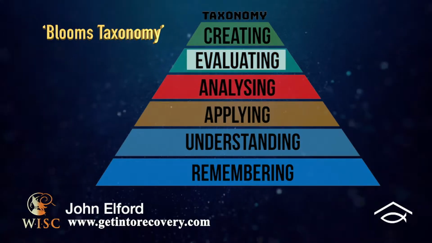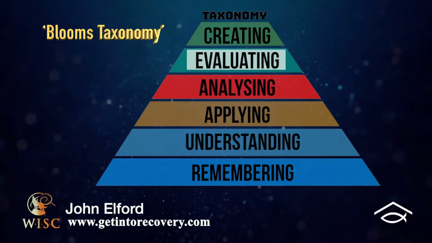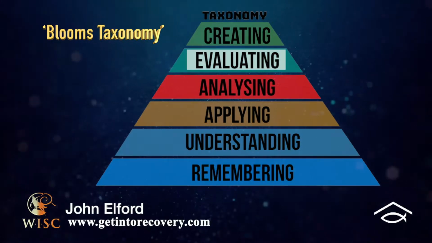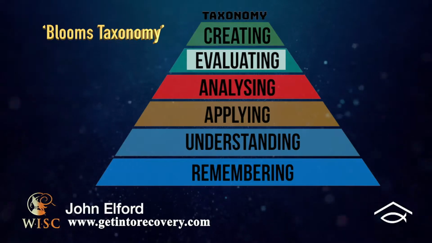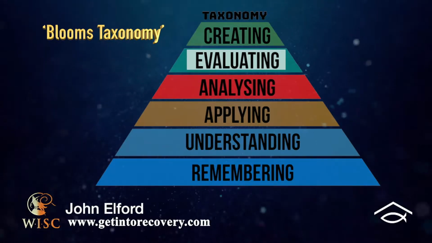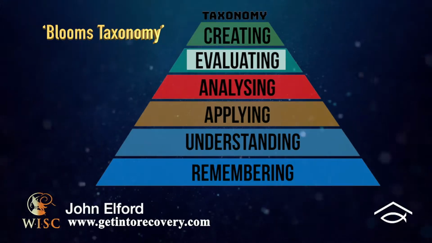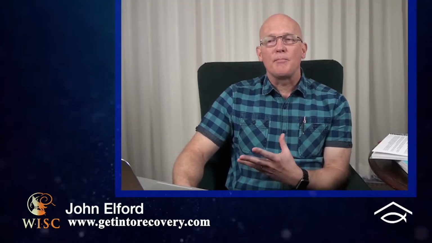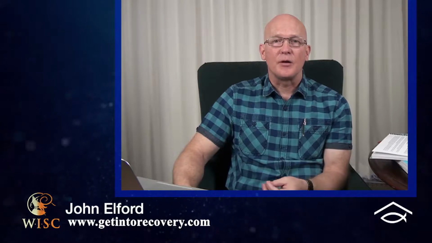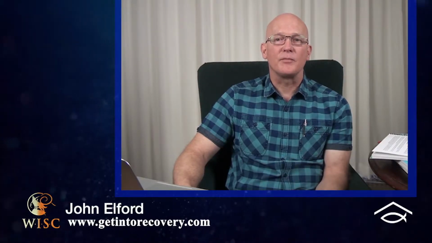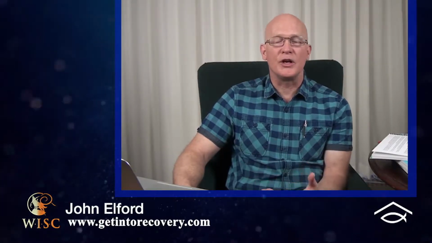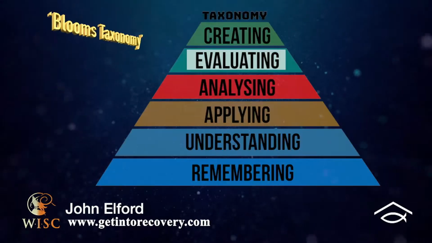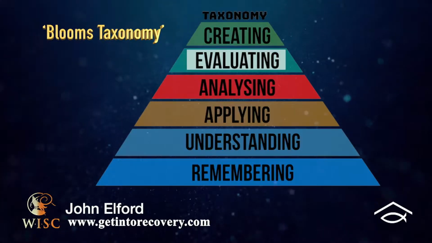Our evaluating level, which is the next one, is looking at finding different solutions. Could I have done something in a very different way? Could I have changed my behaviour? Could I have made an outcome different by applying some different ideas, rules, learning, those sorts of things? What can I change?